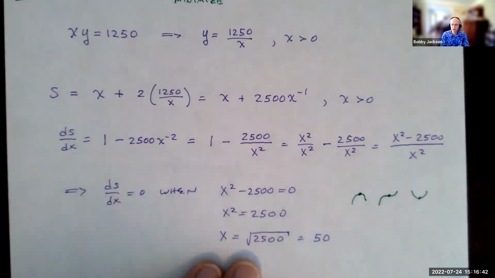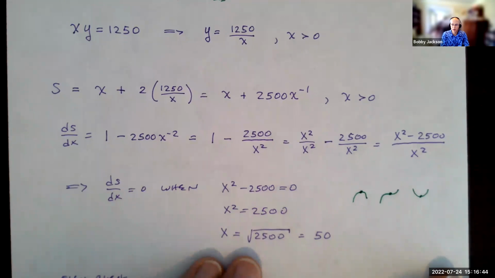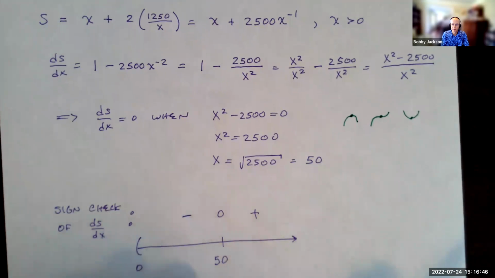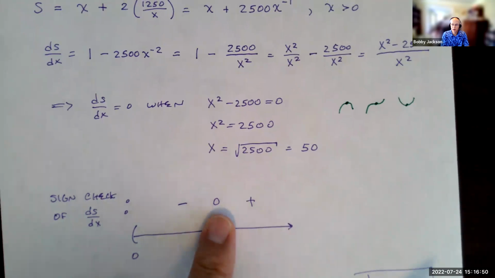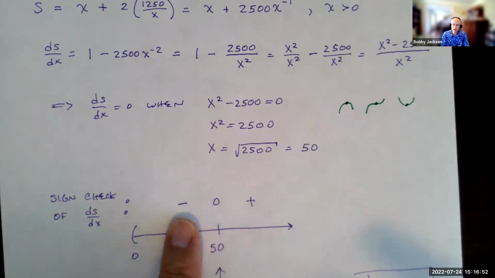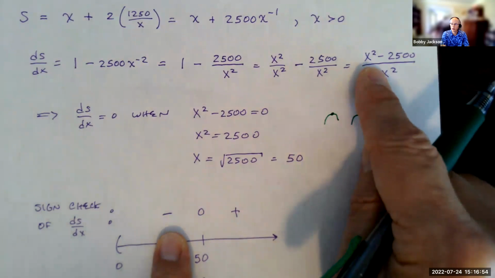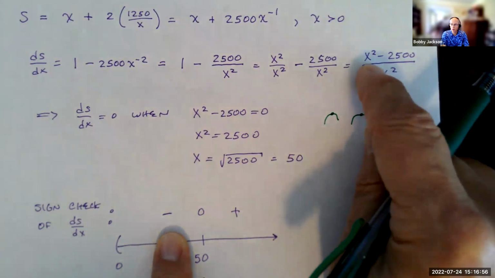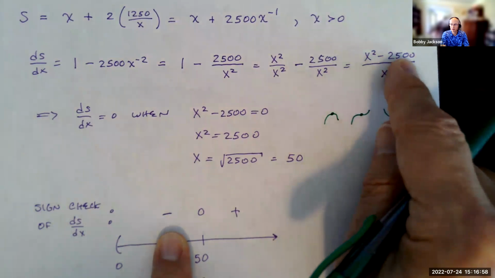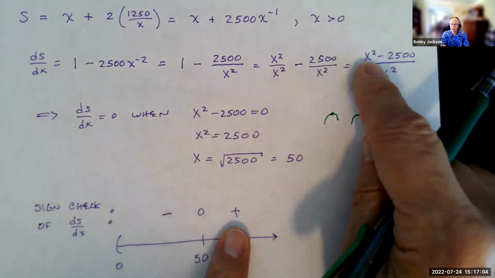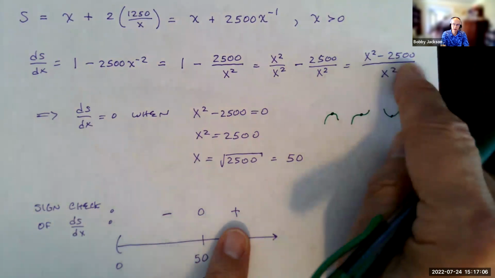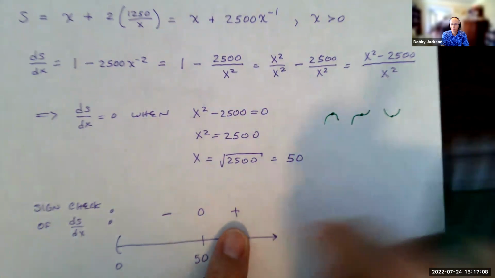I'm going to use the first derivative test, and that is doing what? A sign check on the first derivative. We know at 50 it is 0. If I plug in something less than 50, say 1, of course the bottom's 1, I get 1 minus 2500, which is a negative number, and so we get negative for values between 0 and 50. If I plug in something bigger than 50, x squared will be greater than 2500, and this difference will be positive.